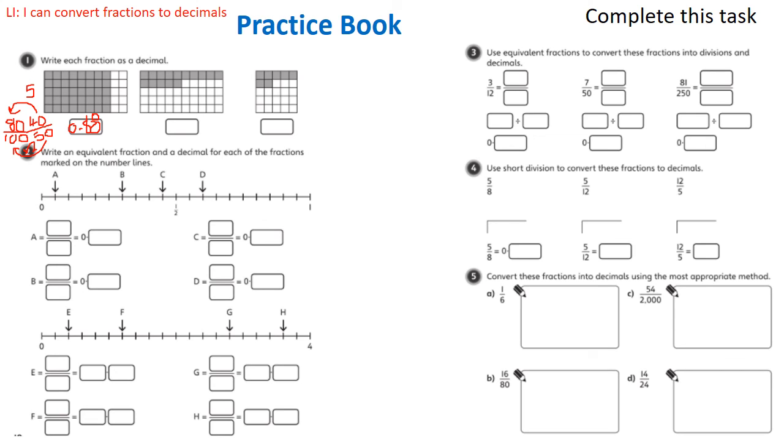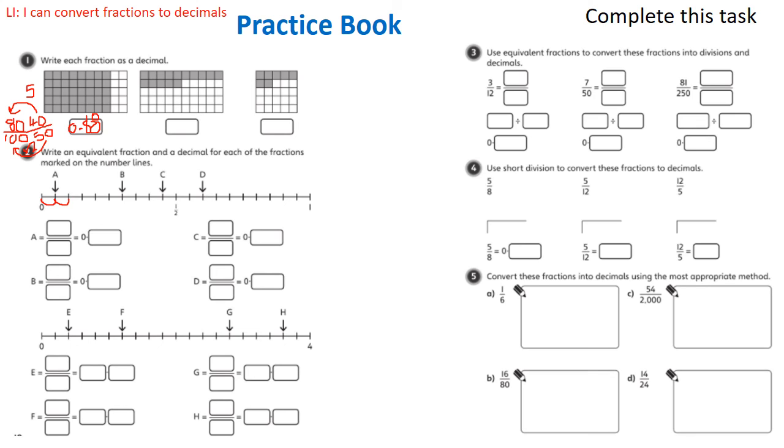So the first thing we've got to do with question 2 is decide on how many our whole 1 is going up in. How many little lines are there? Well, we can count them all and we can see that it's going up in 20ths.